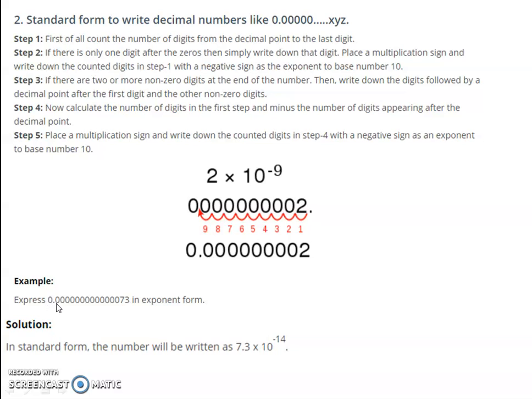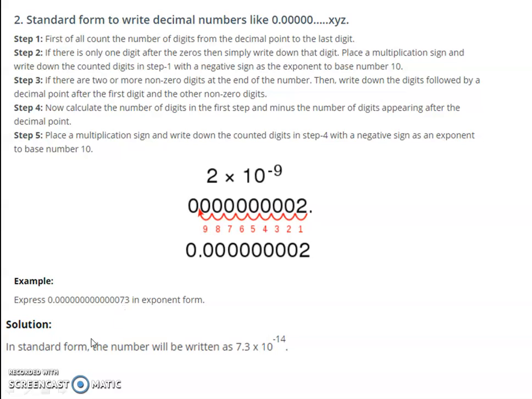Children, here after the decimal point we are going to count the number of digits, or number of decimal places, to the last digit: 1, 2, 3, 4, 5, 6, 7, 8, 9, 10, 11, 12, 13, 14.